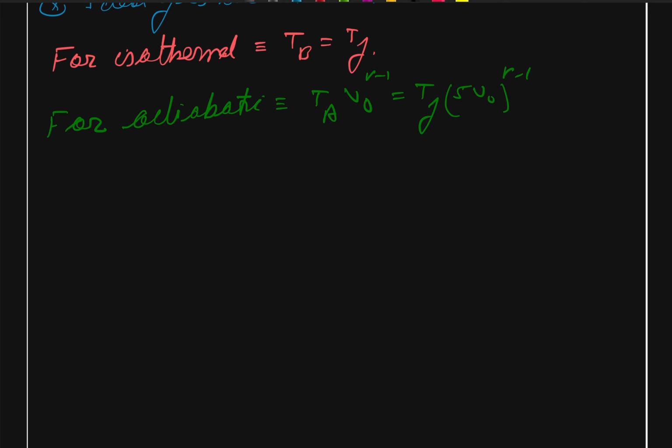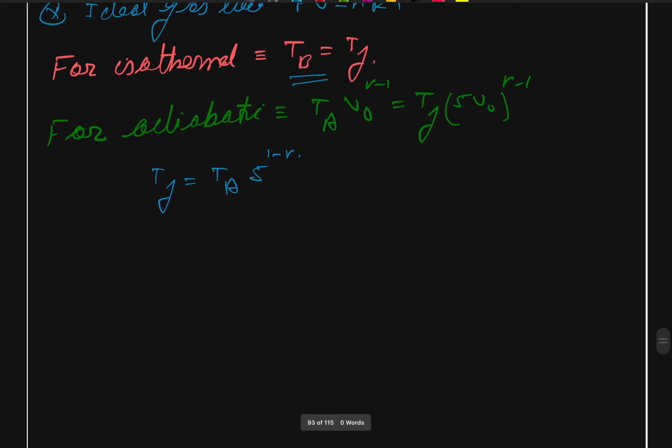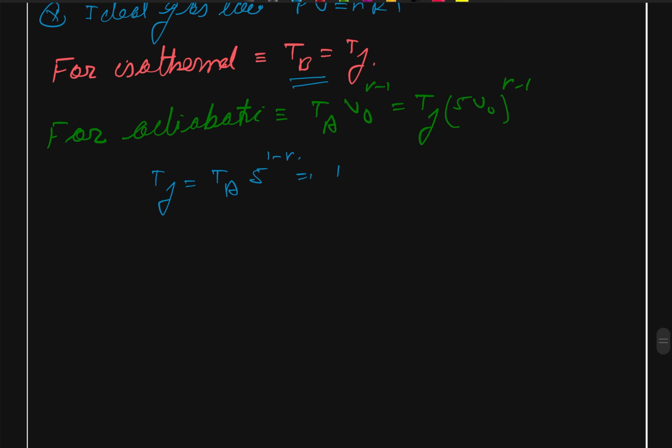And this can be written as that T of F will be equal to T of A 5 raised to power 1 minus gamma. And we know that our T of B is equal to T of F. Therefore, we can write this as our T of B is equal to T of A 5 raised to power 1 minus gamma.